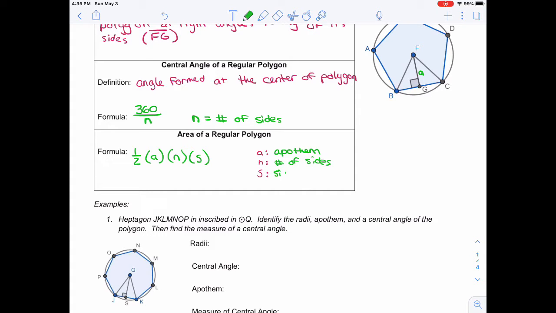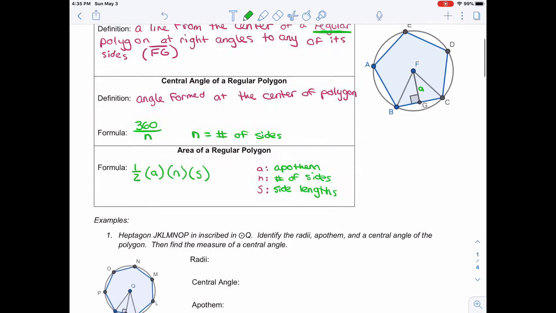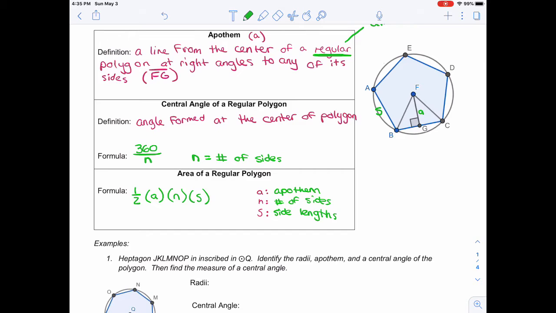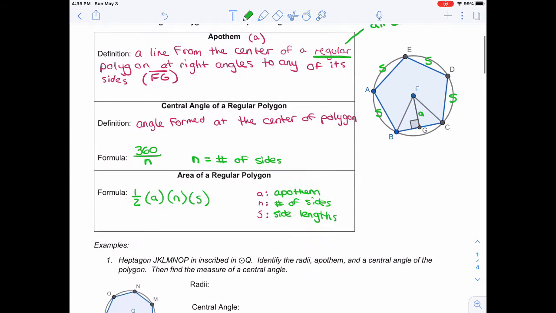So I'm going to go ahead and label our drawing here just a little bit. We have all of our sides here have S's, and that's it, okay?